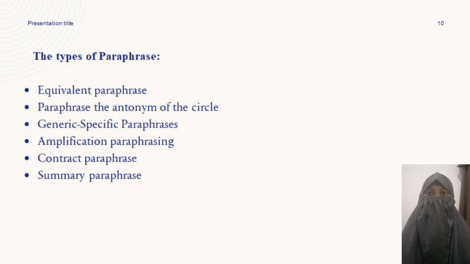Amplification paraphrasing. Amplified paraphrases are lingual repetition and provide additional information in lingual units in the paraphrase. The addition of this information is done by providing detailed information from the sentence that will be paraphrased.